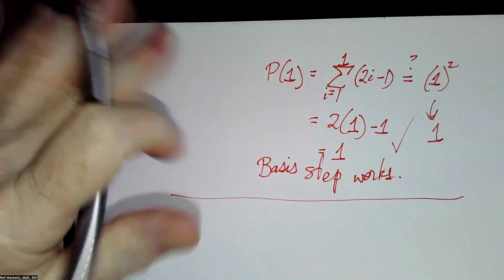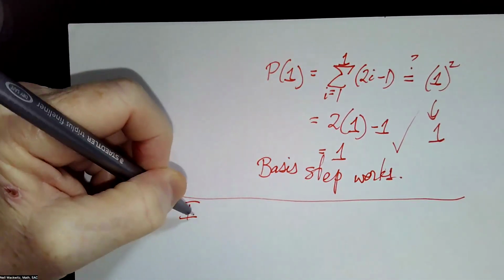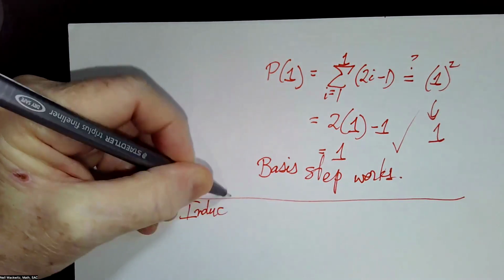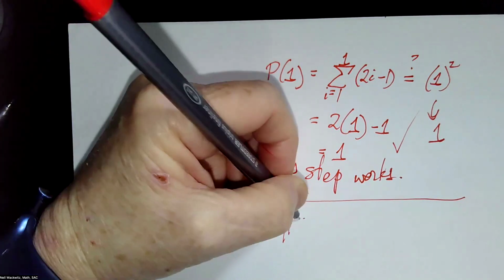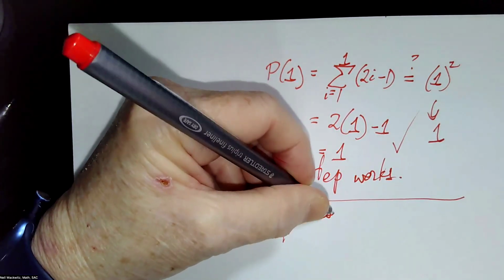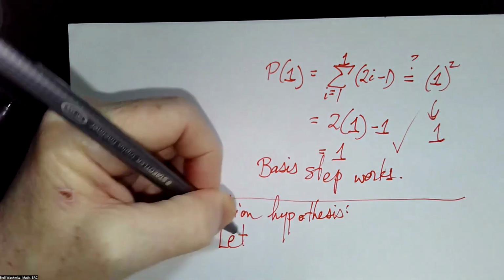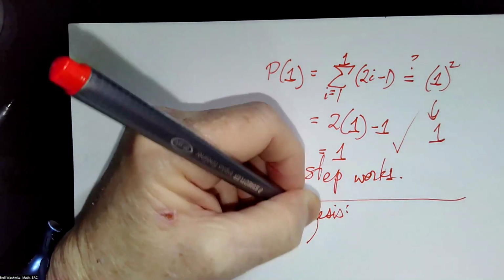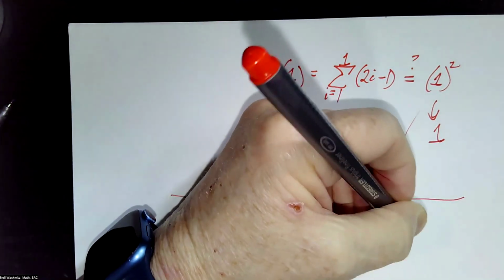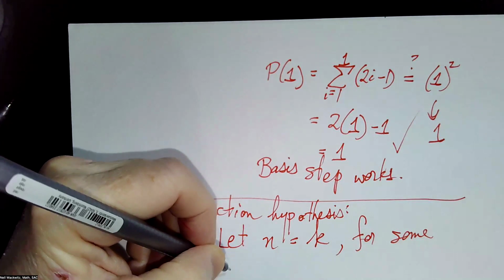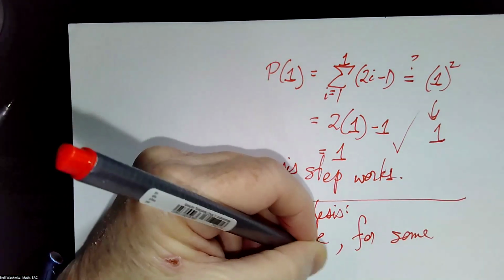Now we're going to have what's called the induction hypothesis. We're going to let n equal k for some integer k greater than 1.